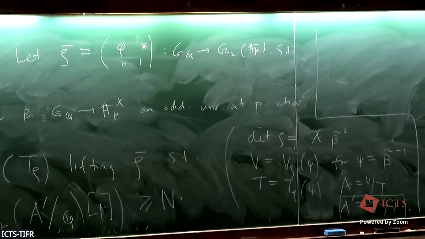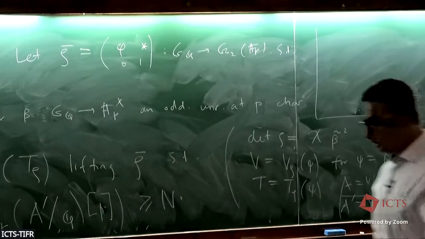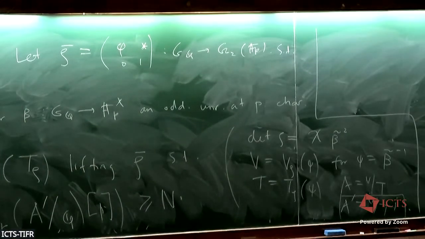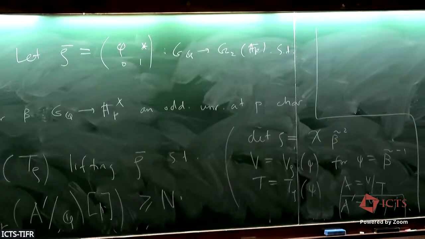Then you can lift to characteristic 0, and it's irreducible. It'll turn out to be odd because rho bar is odd, and you can apply Skinner-Wiles, ordinary at p, to get that it's modular. That's incidental, for free. It's of extra interest in some sense, but one doesn't really need it.